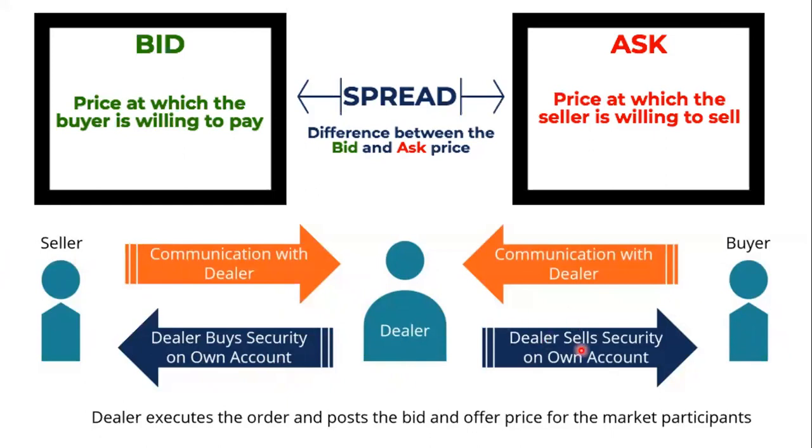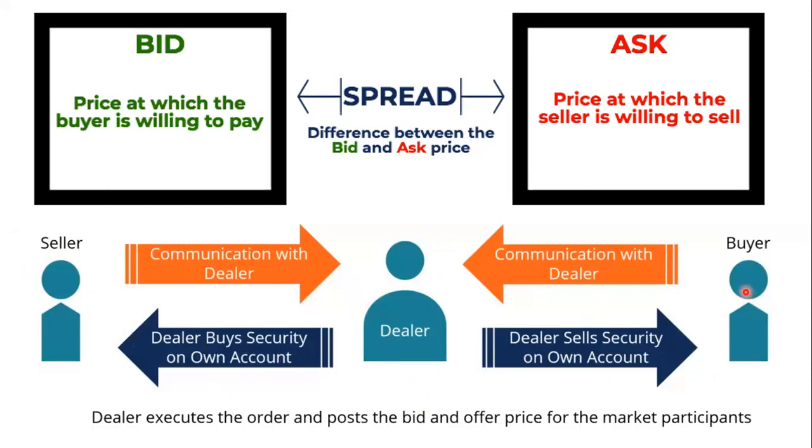And the dealer will sell the security from his own account, right? The dealer is a middleman. When he is ready to sell the stocks, the dealer will buy the stocks from the seller. And when a buyer comes, the dealer will sell the stocks to the buyer.